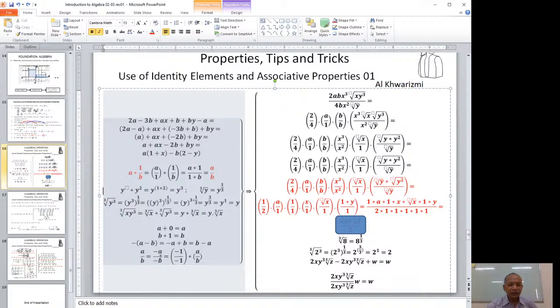So here also, a over b is similar to negative a over negative b, because we have a fraction here. Negative 1 over negative 1 is 1, that's why we can have a over b equal to negative a over negative b.